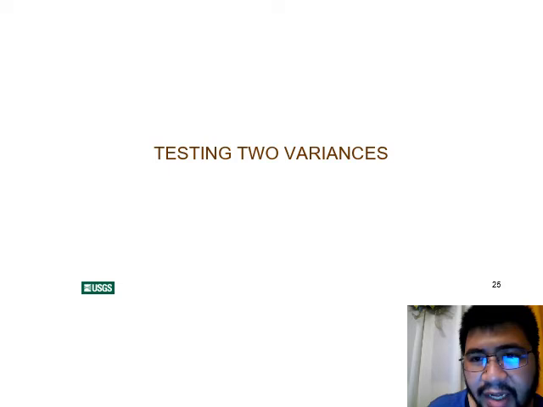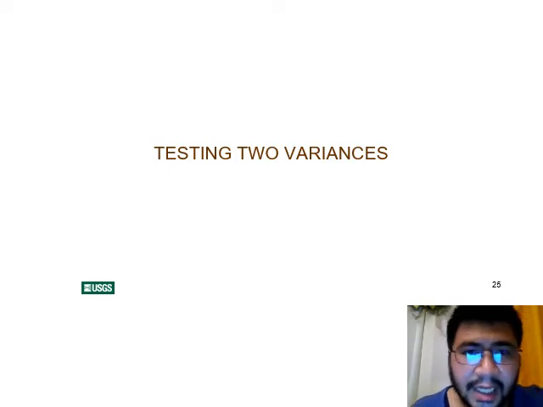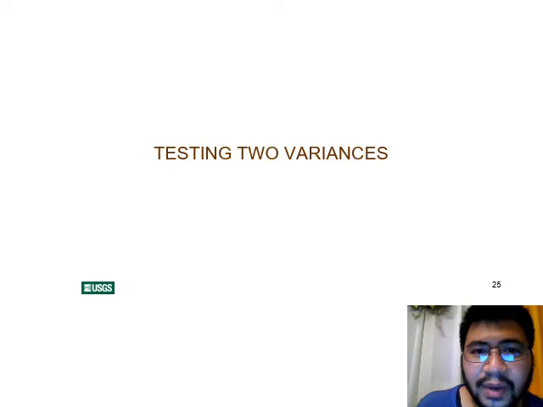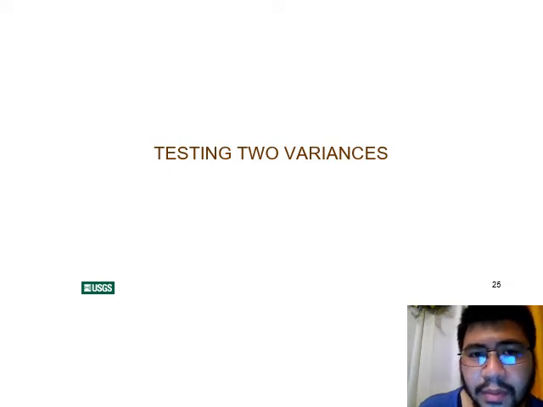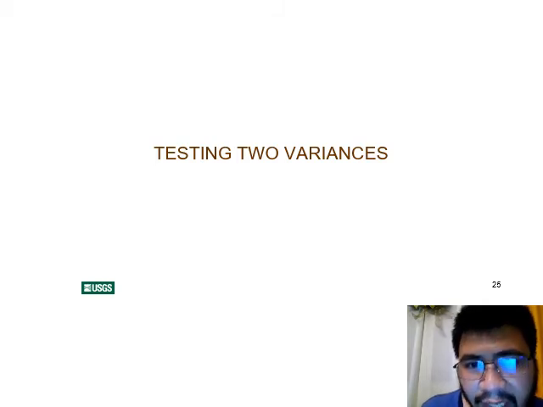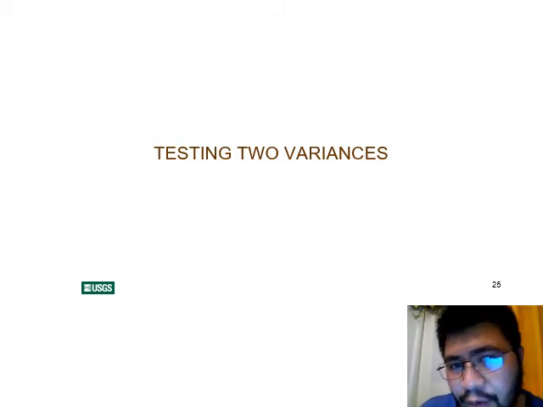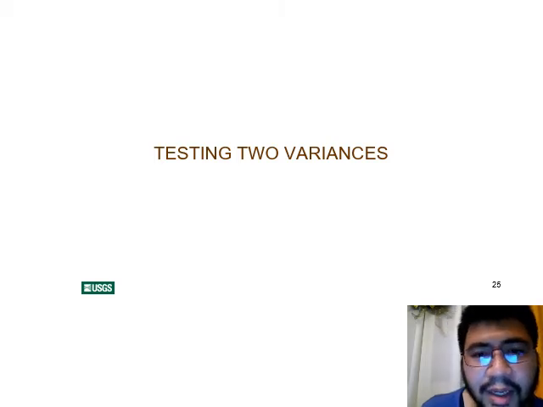All right, variance testing, two variances. Again, if you will remember, variance is a measure of spread of data around the mean, basically a measure of the scatter. The idea of testing two variances is basically to compare two groups, okay, where we define one group as a sample that is coming from one population, and the other group is another sample that's also coming from a different population.